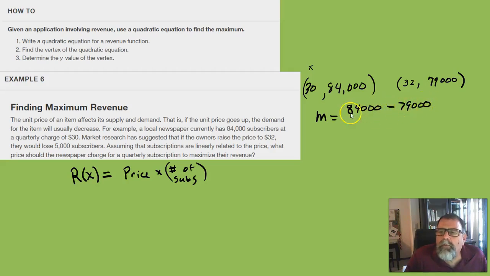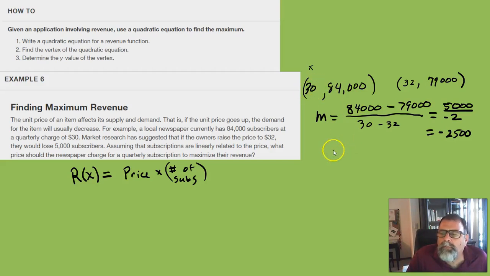I guess I should have done it the other way, but it's okay. Just make sure you do it the same. So it's 84 minus 79, and then 30 minus 32. So that's fine. So this would be 5,000 divided by negative 2, sorry. So it'll be negative 2,500 subscribers per dollar increase of the subscription.